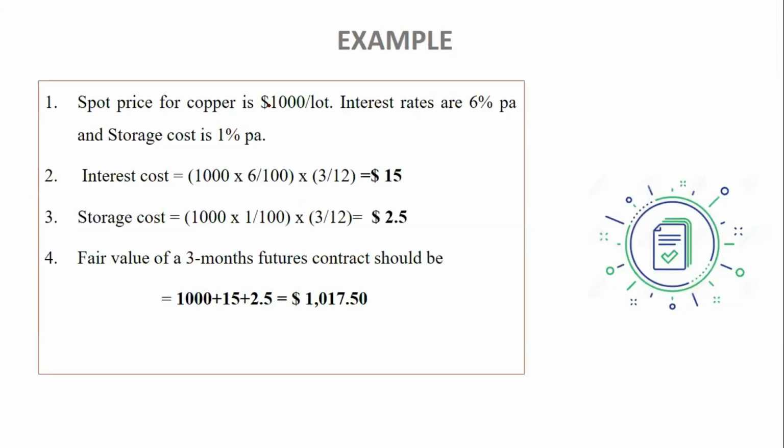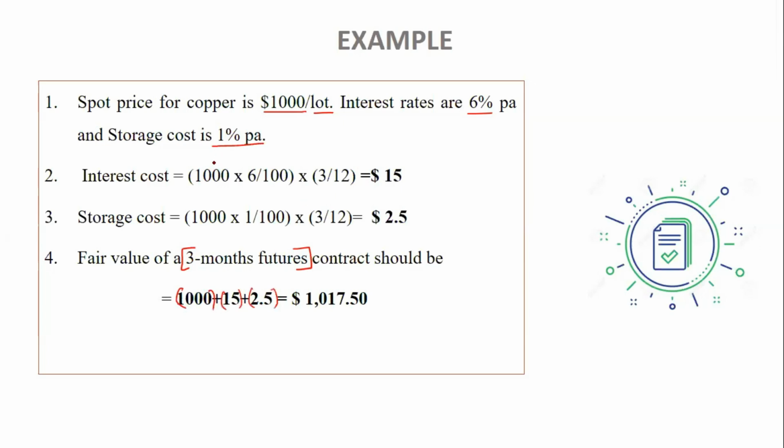Let's say the spot price of copper is $1,000 per lot. The market interest rate is 6% per annum and the storage cost is 1% per annum. So if you want to calculate the price for a 3-month futures contract, you start with your spot price and then add your interest cost and storage cost.